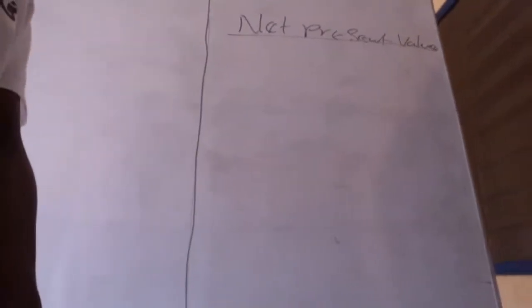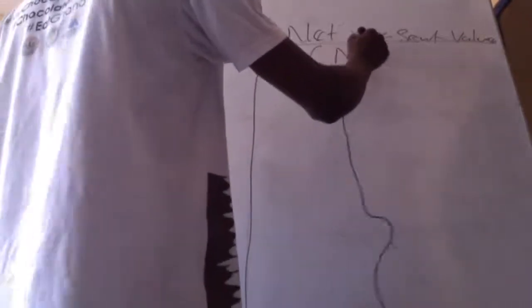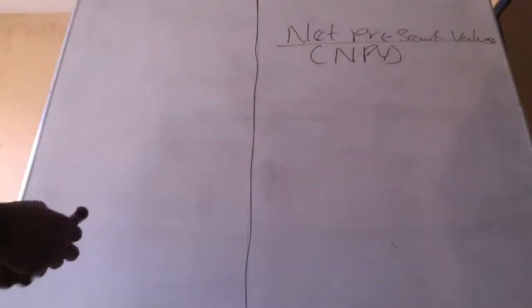So that is it. Popularly known as what? NPV. Net present value. Good.